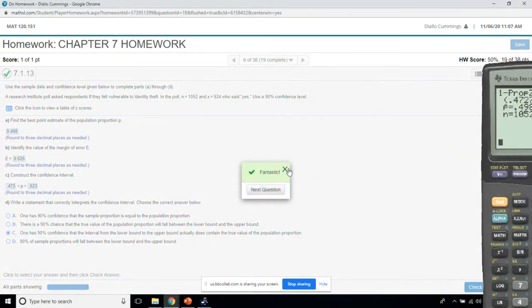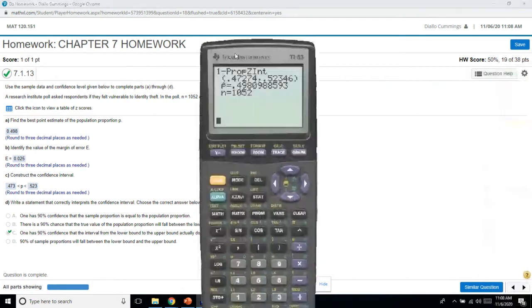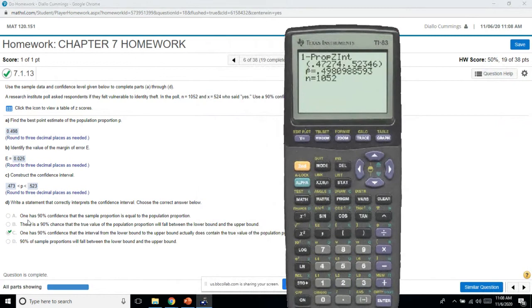All right, so in this example, we manually calculated a Z interval or P interval, and we interpreted it. We also used the calculator to construct a confidence interval.